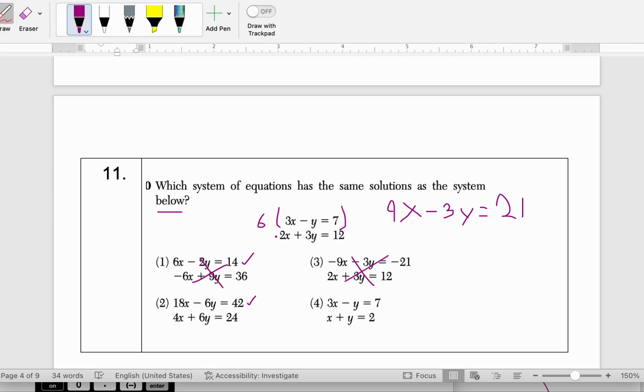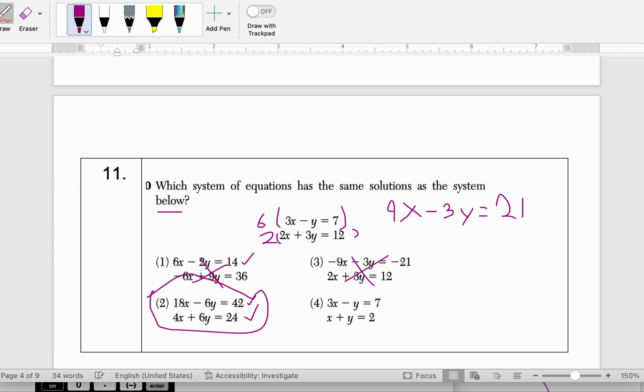Now, if I multiply this times 2, because I look at the 2x and I see 4, and I know 2 times 2x equals 4x, so I'm going to go with 2. Okay, so 2 times 2x is 4x, 2 times 3y is 6y, and 2 times 12 is 24, so they both check out. So it has to be this one.